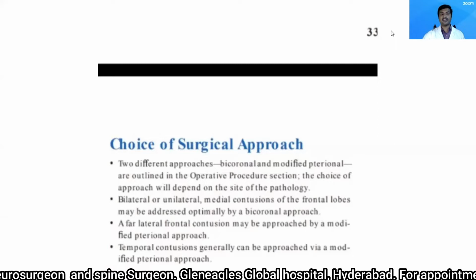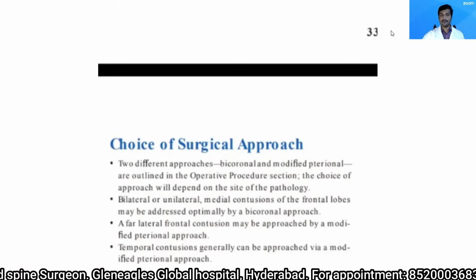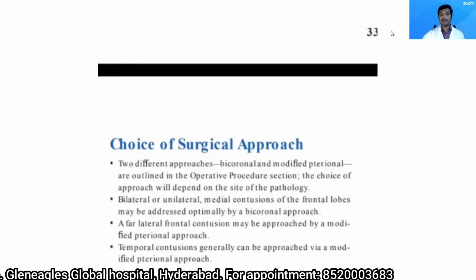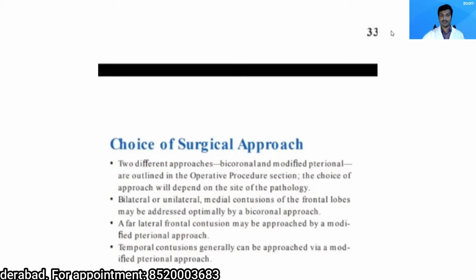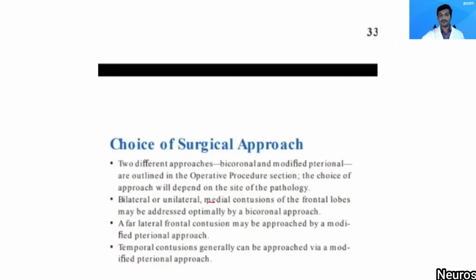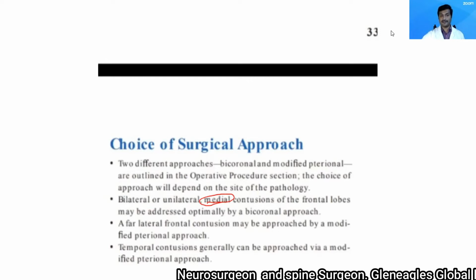One important decision which you have to take is the choice of surgical approach. Two different approaches are described: one is a bicoronal and the other the modified pterional approach. For medially located frontal contusions, a bicoronal approach is more appropriate.